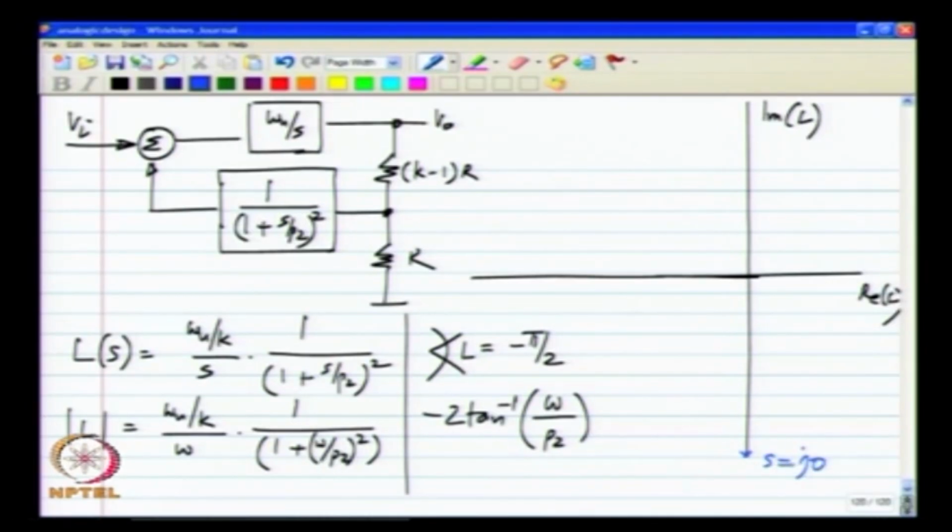At 0 frequency, this function has an infinite gain, which I show at the bottom of the imaginary axis here, and then the magnitude keeps on decreasing and the phase lag keeps on increasing, but for very high frequencies it will asymptotically reach minus 3 pi by 2. From here to here is minus pi by 2, from here to there is minus pi, and from here all the way to there is minus 3 pi by 2. Okay. So, this is what happens, and the rest of the plot as usual is the mirror image.